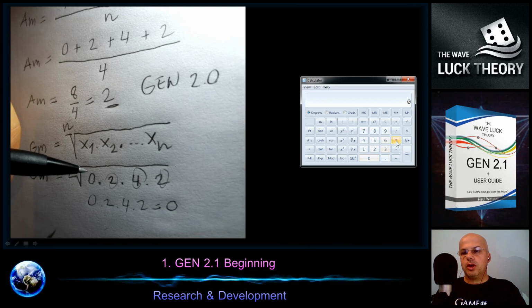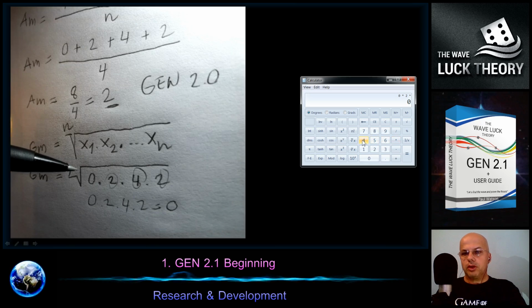So 0 times 2 times 4, it's still 0, and even if we do the rooting of the 0, so let's put the 0 and for example the 3 roots, it's still 0.